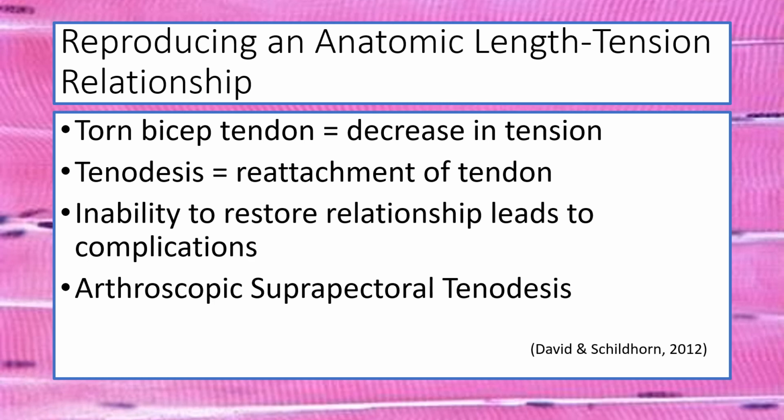As discussed in an article by Tal David and Jeffrey Schildhorn, there is a development of a better form of treatment called arthroscopic suprapectoral tenodesis, which allows for more consistent results of a restored length-tension relationship.